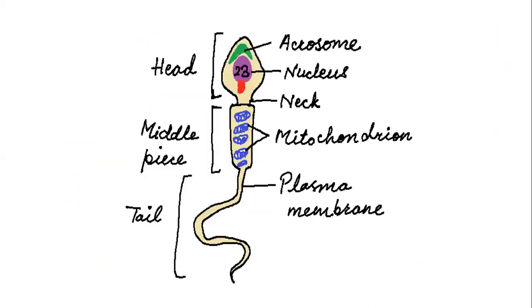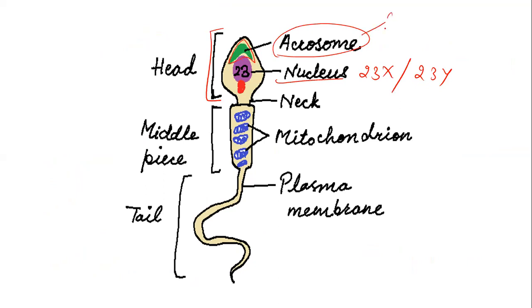Next, we'll see the structure of the sperm. The topmost part is the head, which has a nucleus inside with chromosomes either 23X or 23Y. At the top of the head, there is a cap which is called acrosome or acrosomal cap.